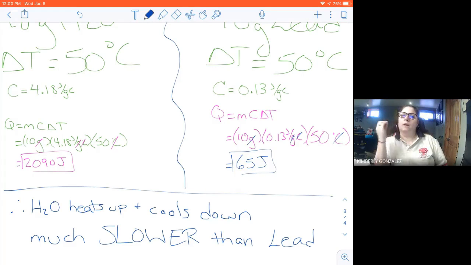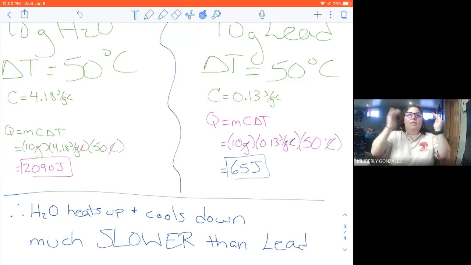Okay? That's what that means. So the water needs so much more heat energy than lead does in order to heat up or to cool down. Because all of this has to do with both the heating and the cooling of a substance.